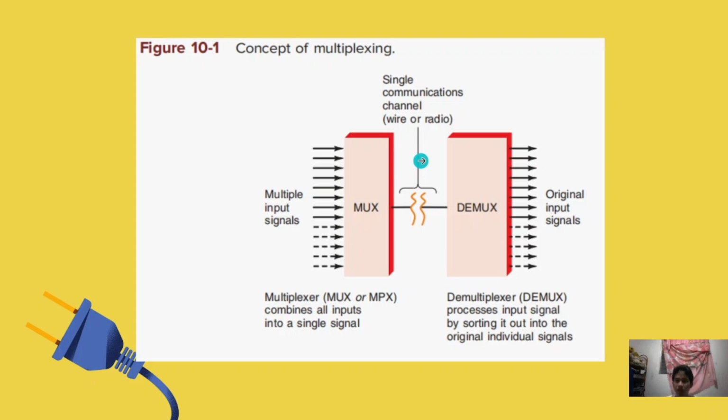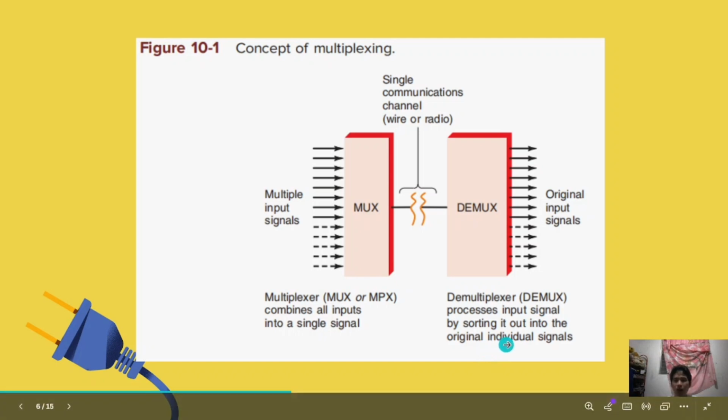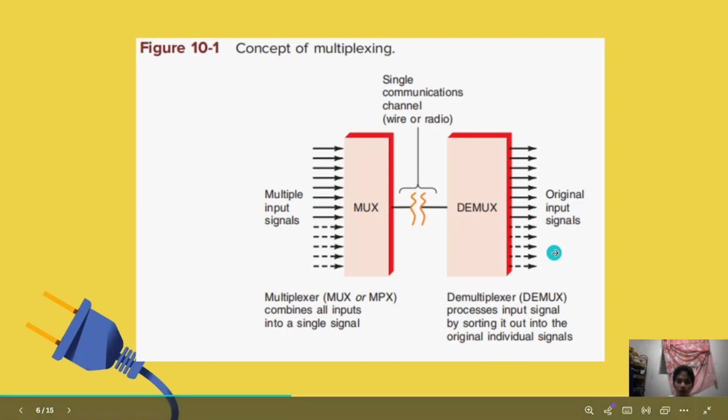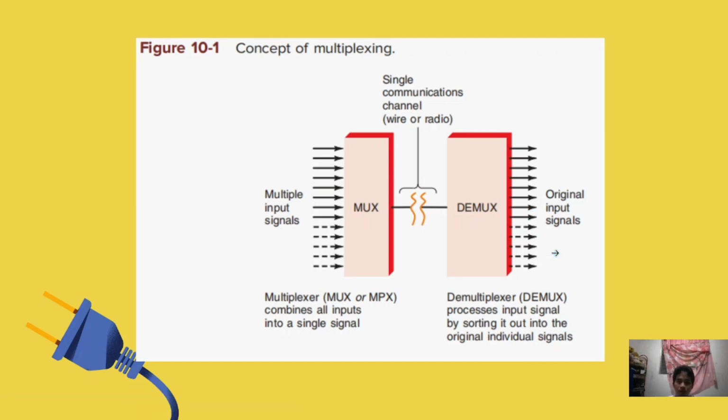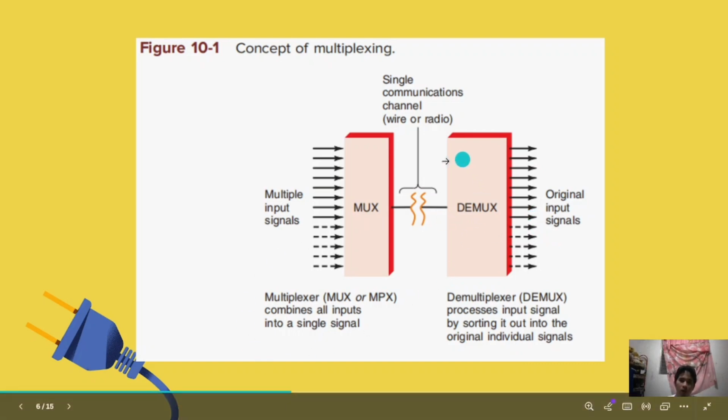Maybe it can be wire or radio or wireless. Then the demultiplexer or DMUX processes the input signals by sorting them out into the original individual signals. So the output is the original input signals. This is the concept of multiplexing.